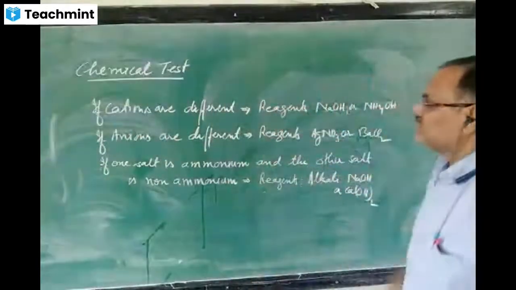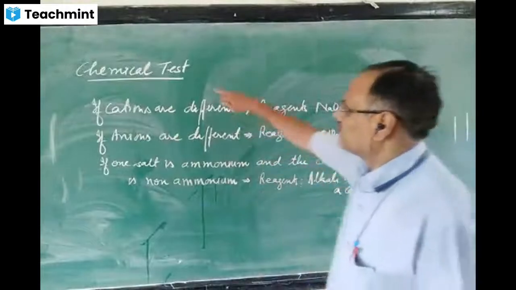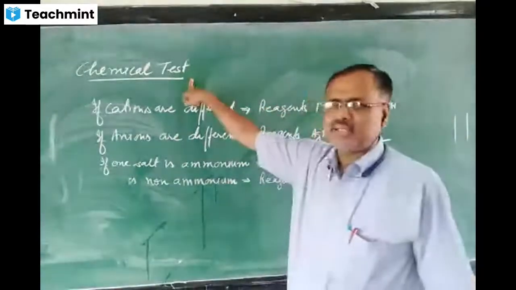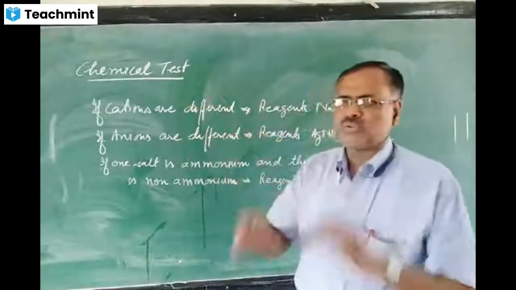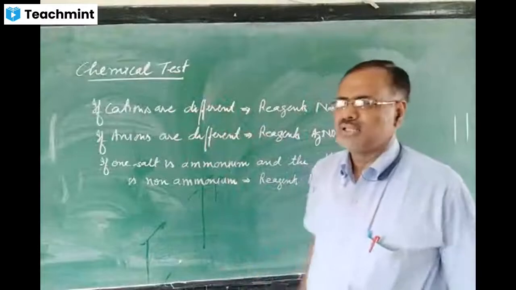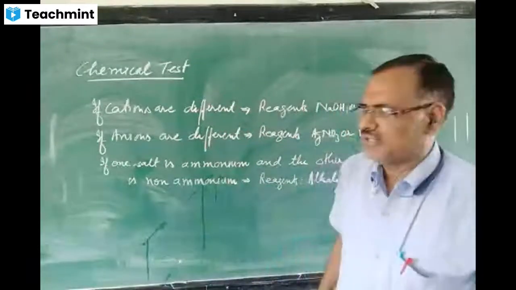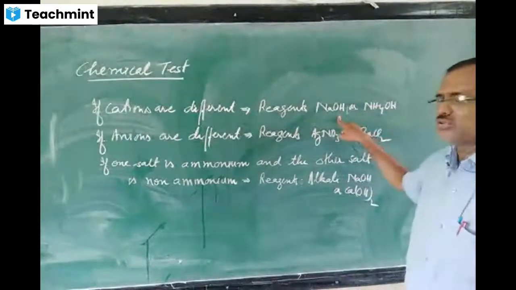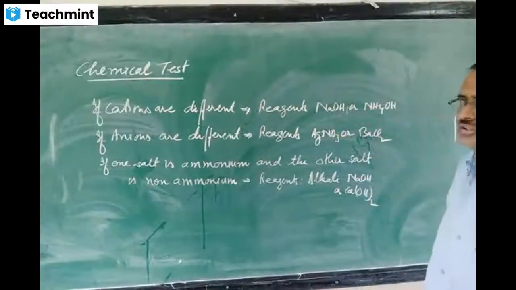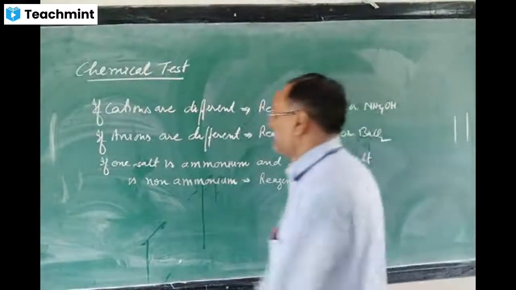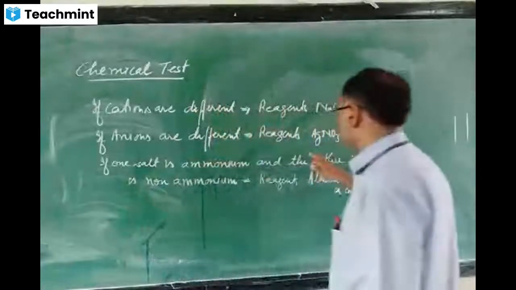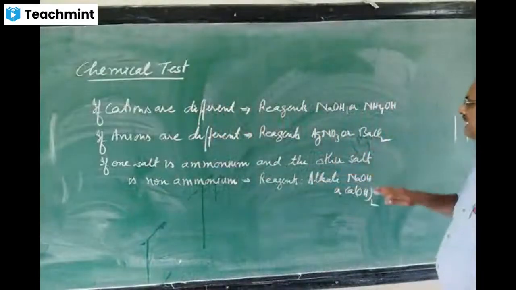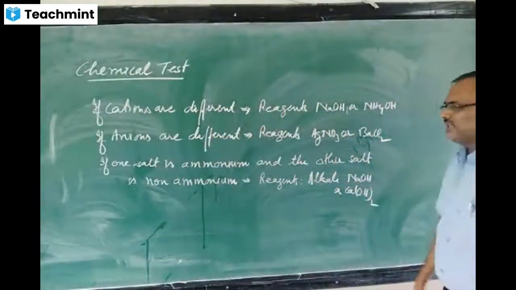So first you note down that in the questions based on chemical tests, in the given two compounds, just see if the cations are different, then you will use the reagent either sodium hydroxide or ammonium hydroxide. If anions are different, then you will use the reagent either silver nitrate or barium chloride.